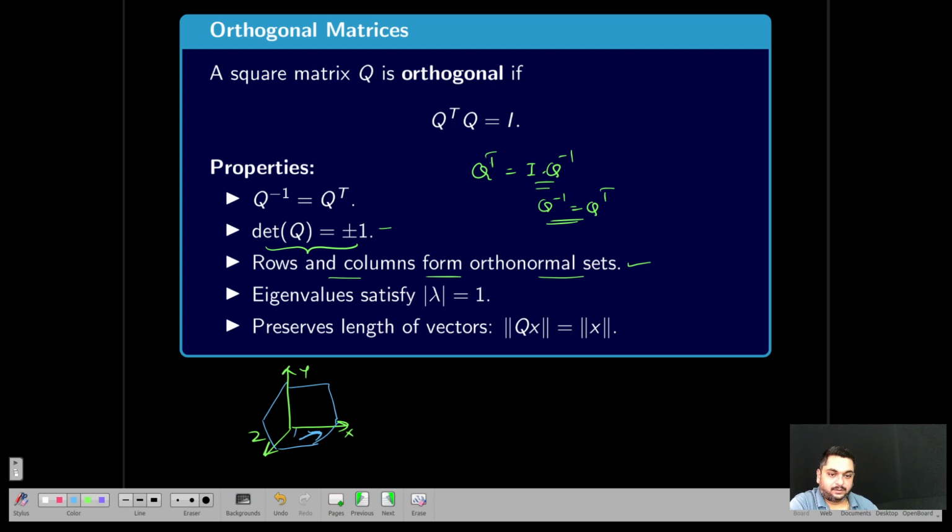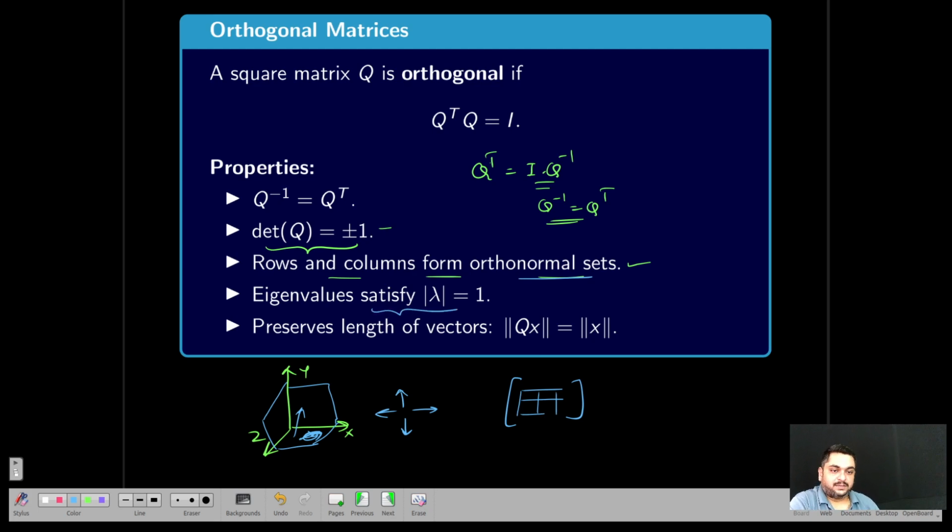Now, what does this orthogonality mean? If I rotate this by 90 degrees counterclockwise, it becomes this or this. So by transforming it, what are its properties and how does it change? That is what you study using orthogonal matrices. So if this matrix is orthogonal, its rows and its columns are called orthonormal sets.